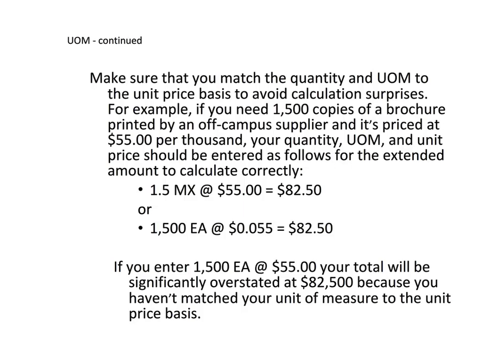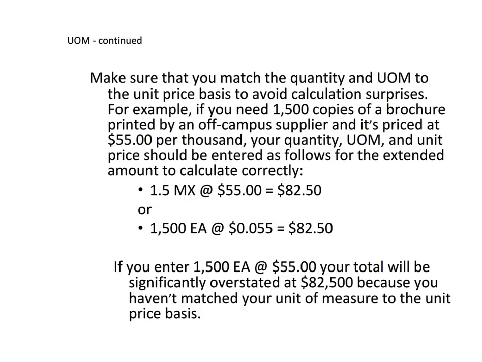If you need 1,500 copies of a brochure and the printer price is $55 per 1,000, your quantity, UOM, and unit price should be entered as 1.5 MX, that's 1,000, at $55 for a total of $82.50. Or you could enter it as 1,500 each at $0.055.